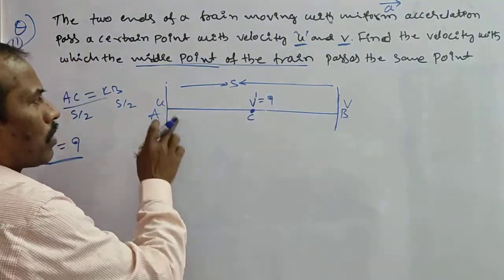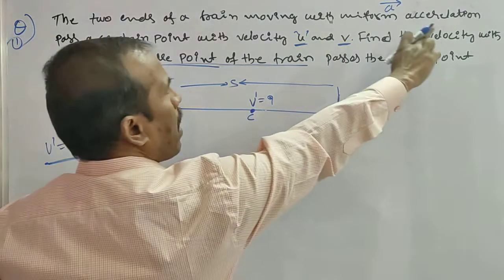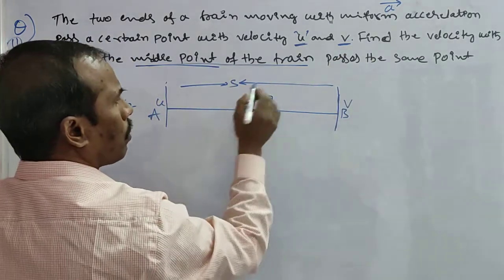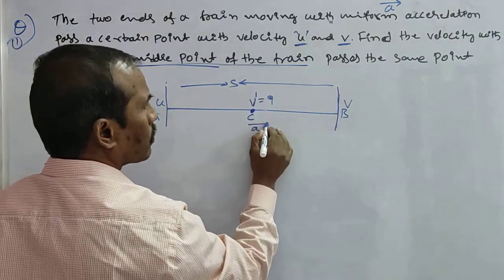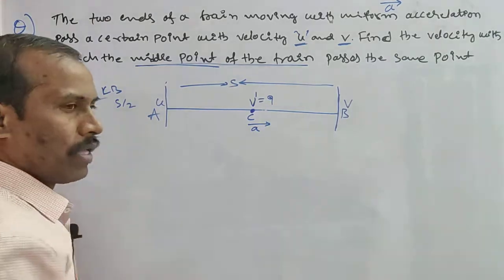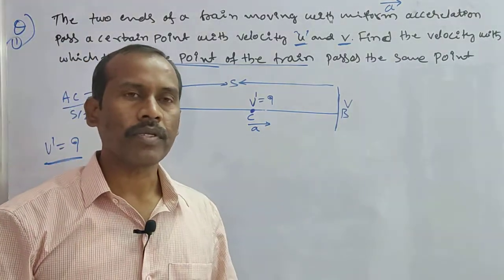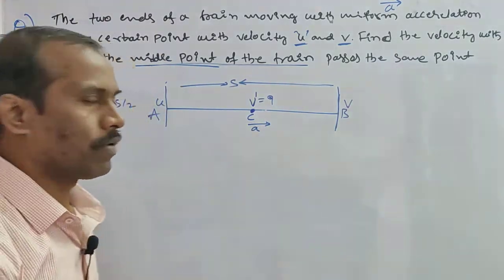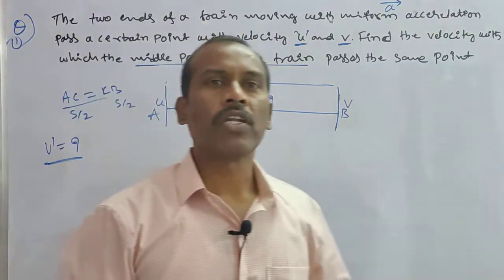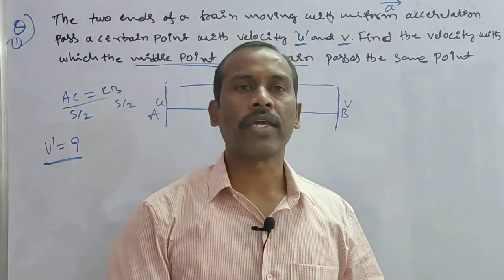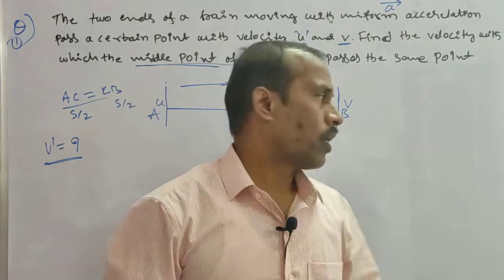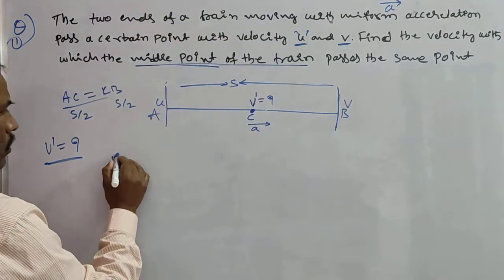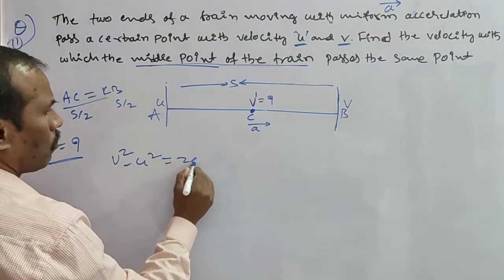Now the train is moving with uniform acceleration. First of all, the velocity of the train at the midpoint. We use the third kinematic equation of motion: v square minus u square is equal to 2as.